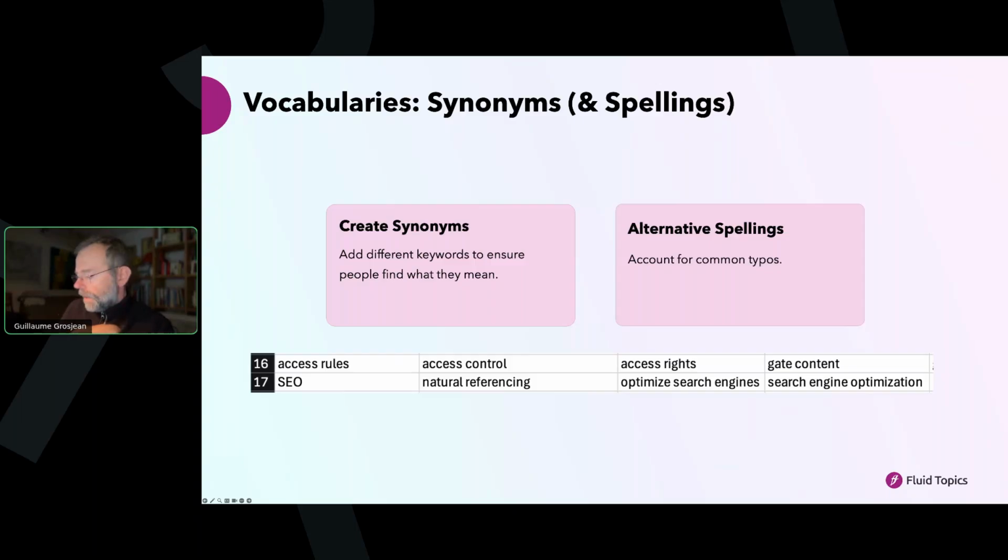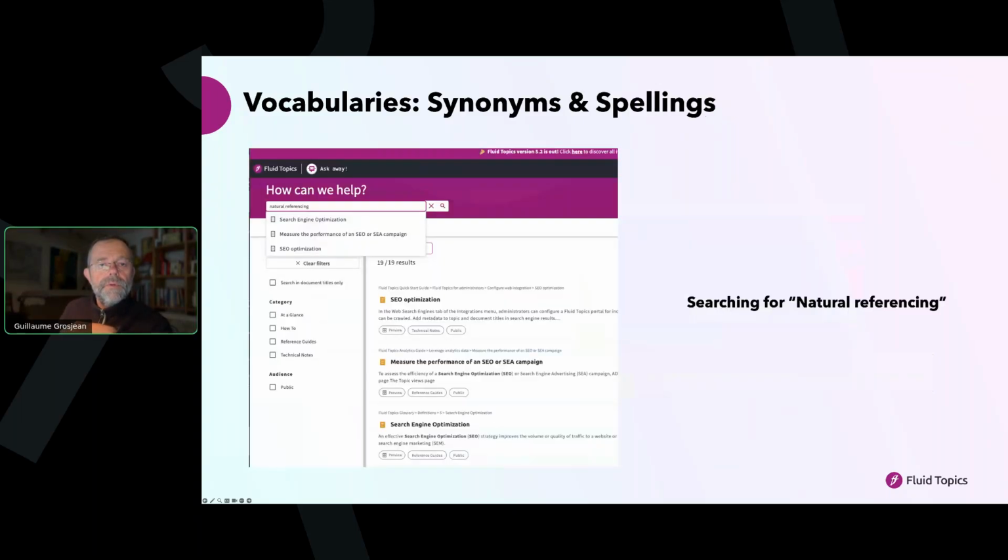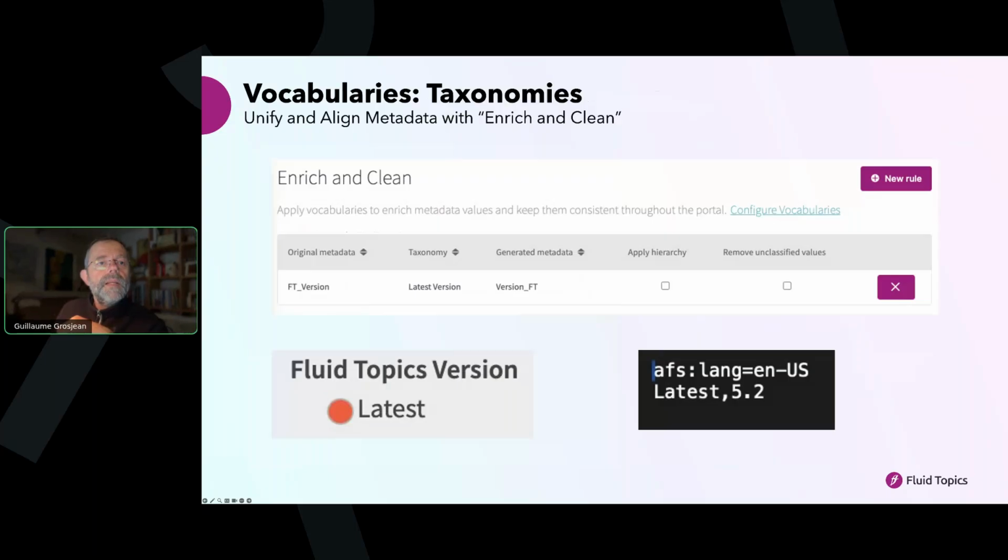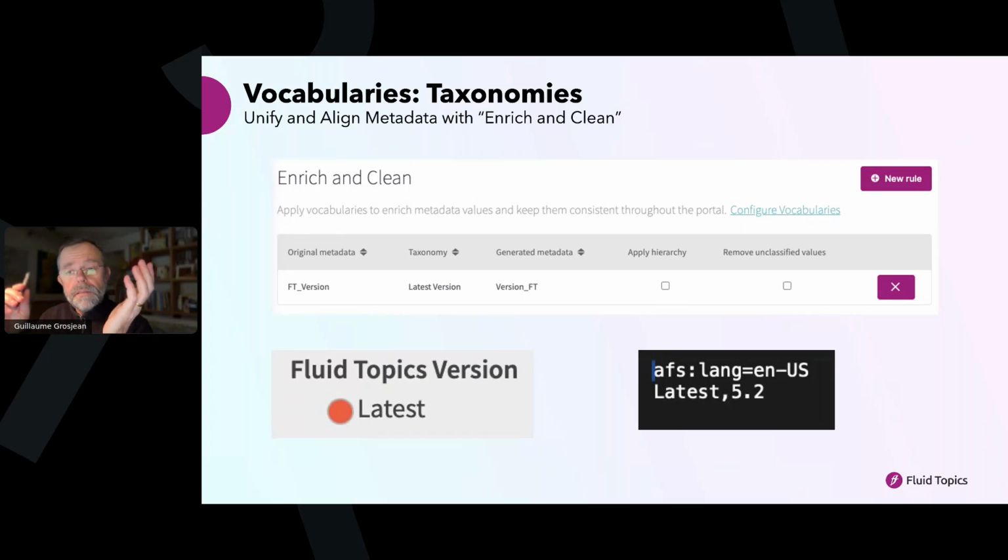The second use case is the one that we see just after here. It's the enrich and clean use case. The idea here is to modify metadata available in the content because in many cases, it might be complex to manage controlled metadata, because you have changes, for example marketing that has a different classification of the product.